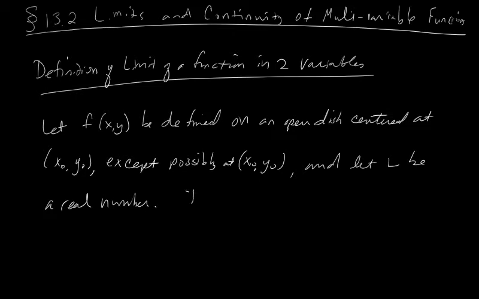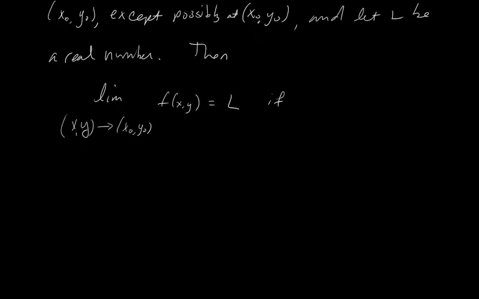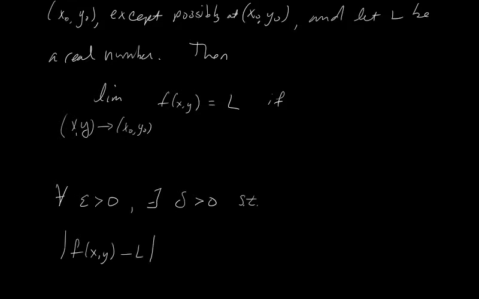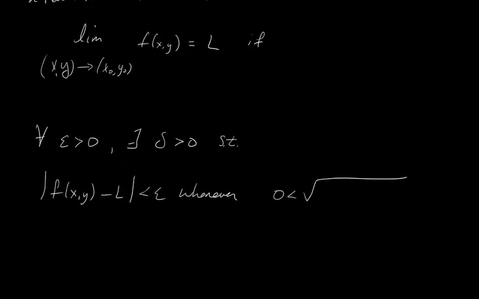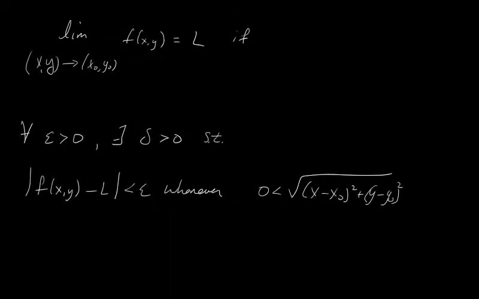Okay, then the limit as x, y approaches x naught, y naught of f of x, y is equal to L if, for each epsilon greater than 0, there's a corresponding delta greater than 0, such that the absolute value of f of x, y minus L is less than epsilon whenever 0 is less than the square root of x minus x naught squared plus y minus y naught squared is less than delta.